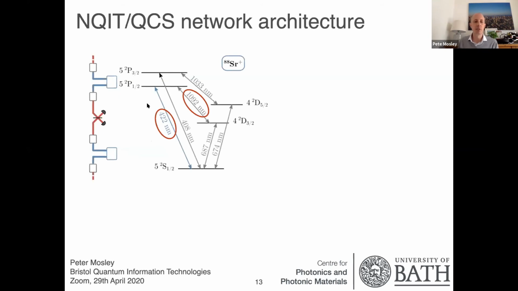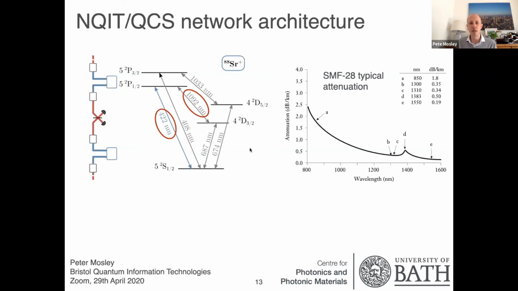So the ion trappers have a favorite transition that they use within strontium to get photons in and out, and that's this 422 nanometer transition. But there's also an alternative transition at 1092 that could be accessible if the strontium ion were contained within a cavity. So these were the two wavelengths which were really available to us in the NQIT hub.